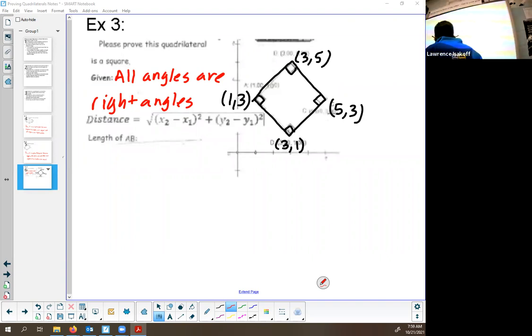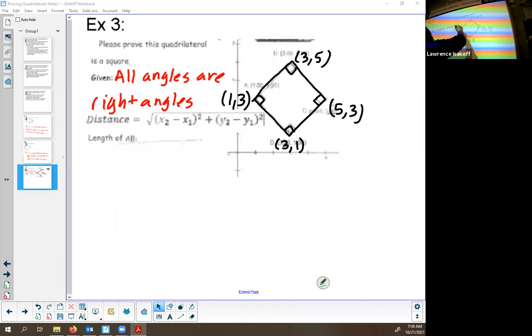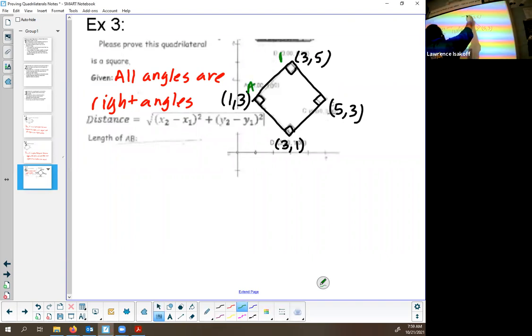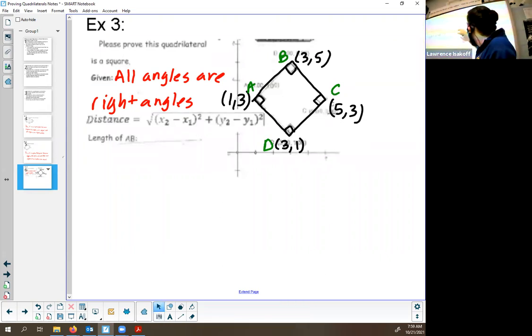Oh, almost had it right. So this is A, B, C, and D. So what I'm going to do is start with the length of A to B using the distance formula. I'm going to go B to C, C to D, and D to A.